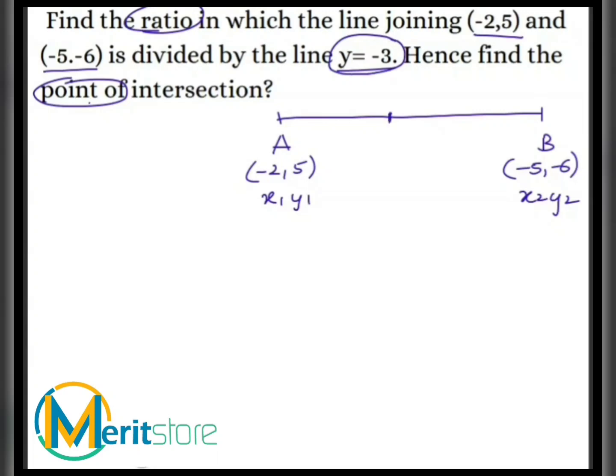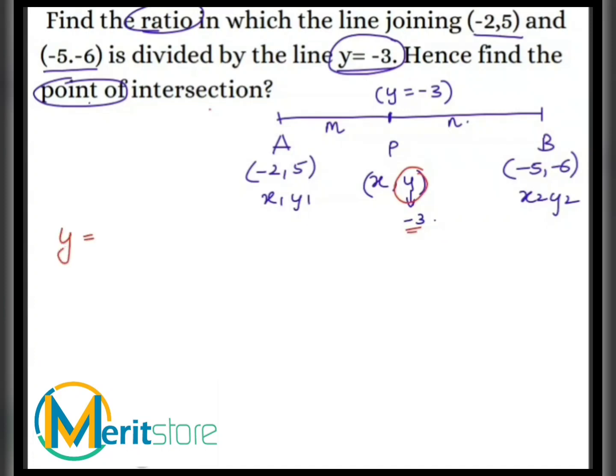So let's take that here, P. And it's y is equal to -3. That means x is some value, but y is -3. I need to first find the ratio m is to n. We're going to use the section formula, and since I know the y, I'm going to use the y formula.